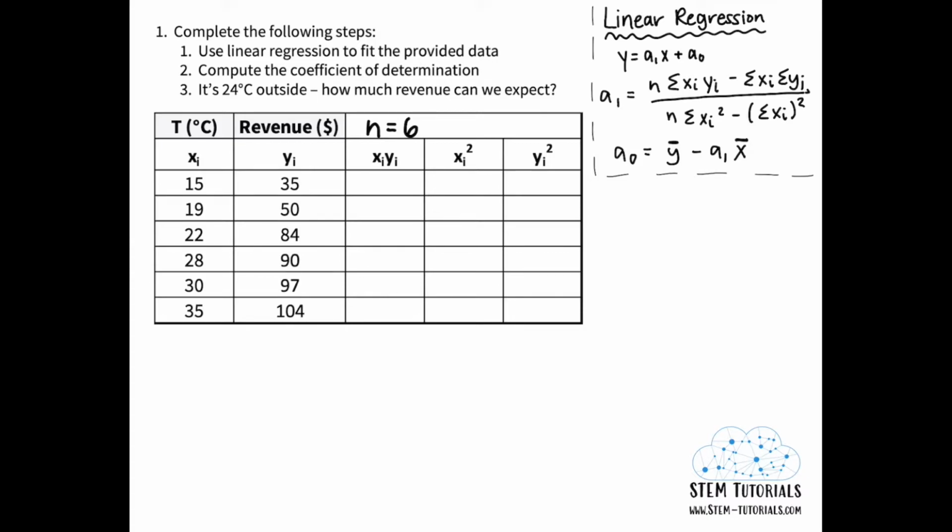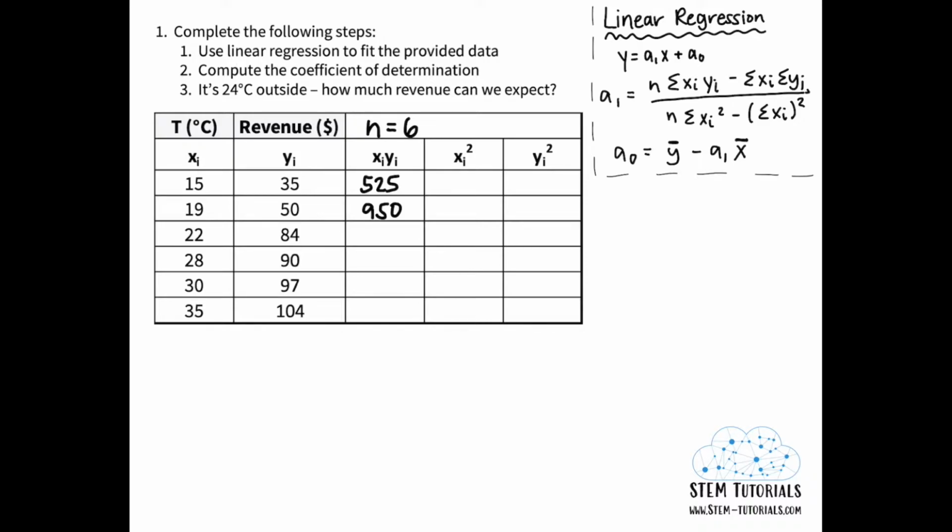Then we'll move on to summing our xi, yi data points. So what I'm going to do is I'm going to multiply each of these xi, yi pairs and write the result in these different rows. And then in the end, I'm going to sum it up and write down my answer. So let's just do the first one together. 15 times 35 equals 525. 19 times 50 equals 950.